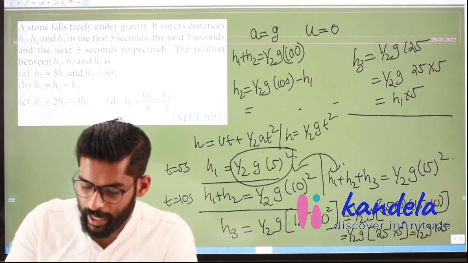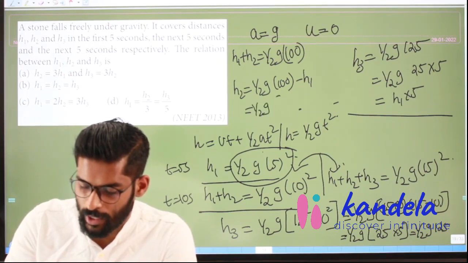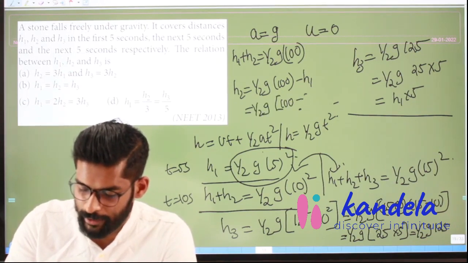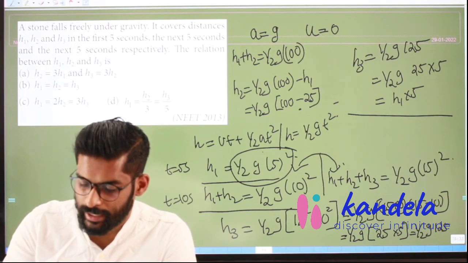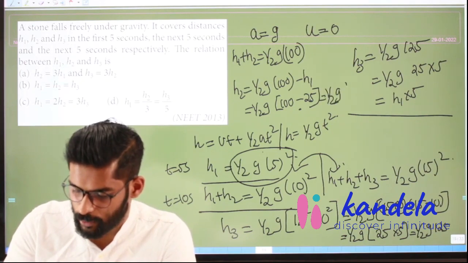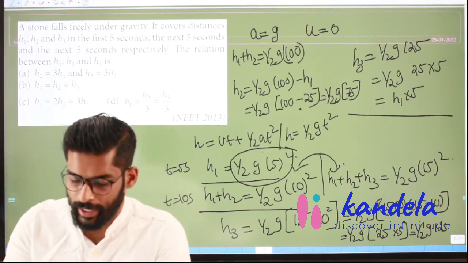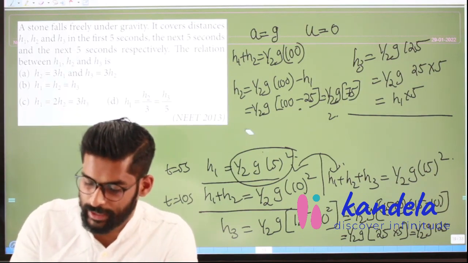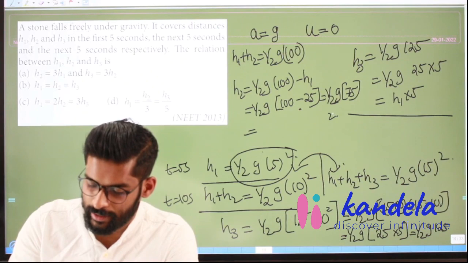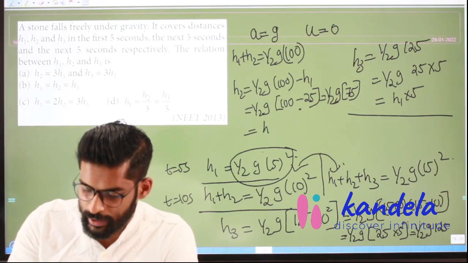So that will be half g into 100 minus 25, so that is half g into 75. Half g into 75 is nothing but h1 into 3.